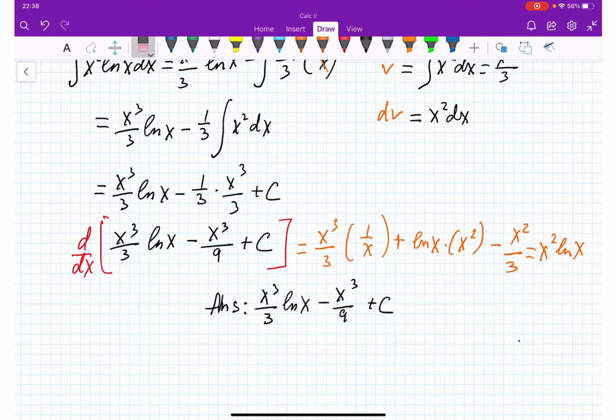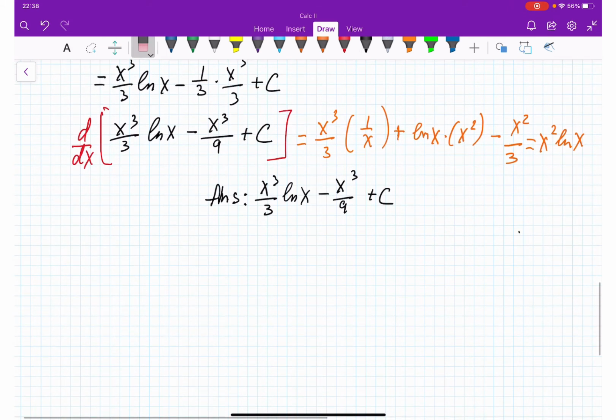Okay, moving to next question, number 3. So we have integral x squared sine x dx. So the fact is, in this case, both x squared and sine x are equally easy to integrate.